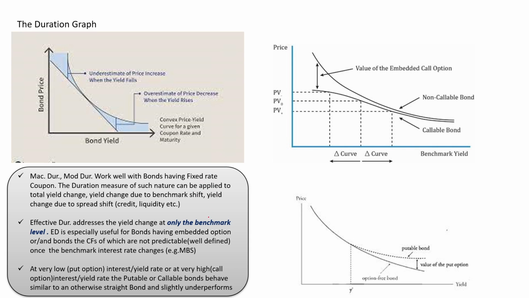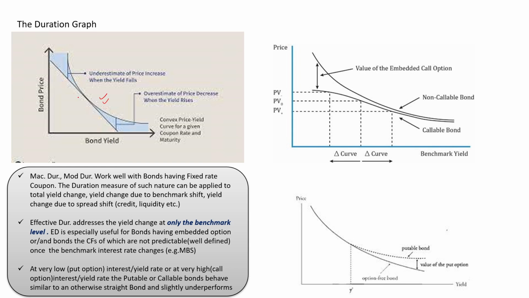Just know how the duration graph differs between a straight bond and a bond embedded with options. A straight bond, let's say a fixed coupon straight paying bond, will have a duration graph something similar to this.